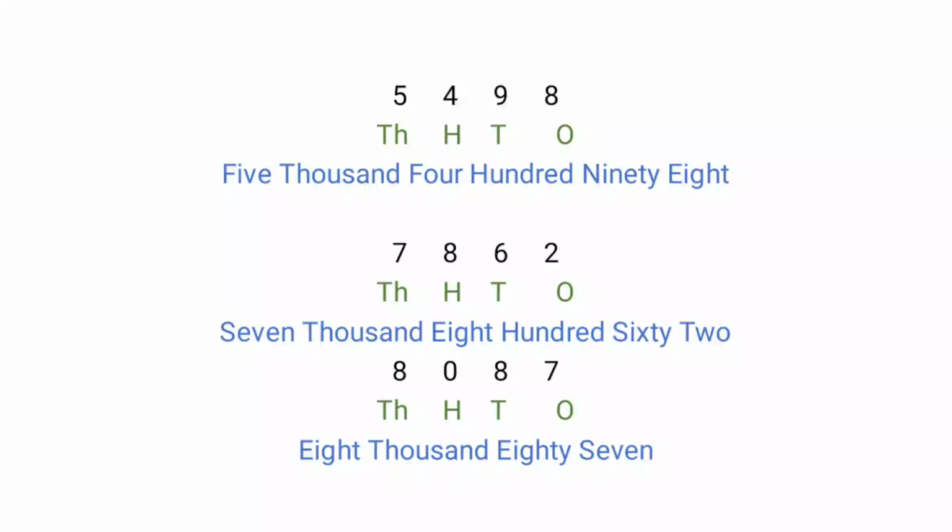Next one is 8087. Now we have the places: 7 on ones, 8 on tens, 0 on hundreds and 8 on thousands place. So start reading the number from left to right. We have thousands place, 8000. Now here is the digit 0 on hundreds place.